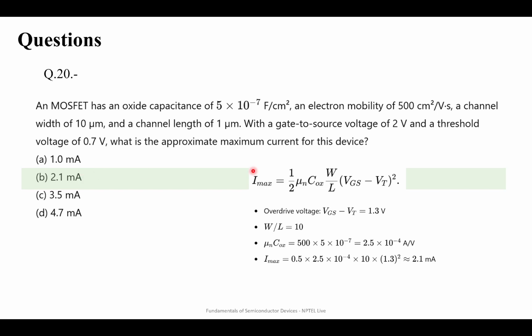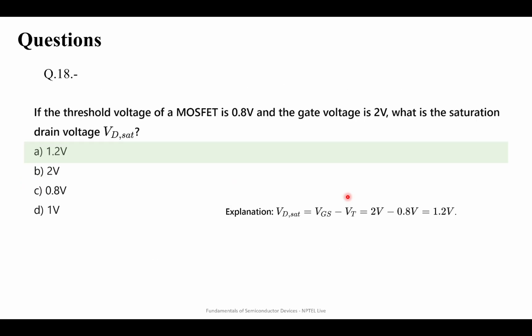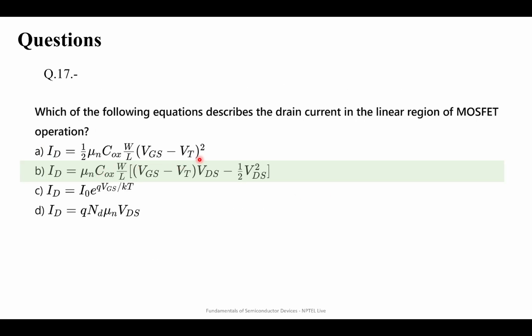And you know how this formula comes, the saturation current formula. If we see this formula, this is for the linear region, and you know when the saturation point is. When your VDS is equal to VGS minus VT. So if you replace VDS by VGS minus VT, it becomes VGS minus VT whole square minus half of VGS minus VT whole square.